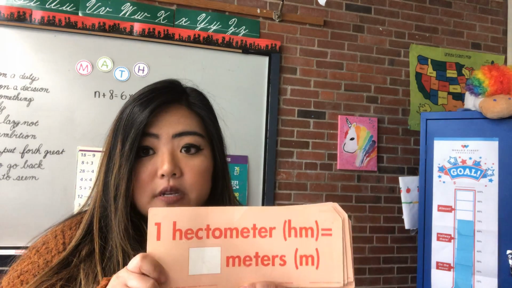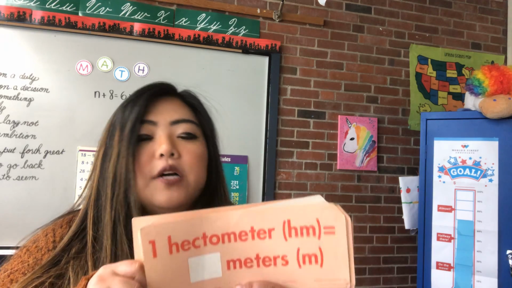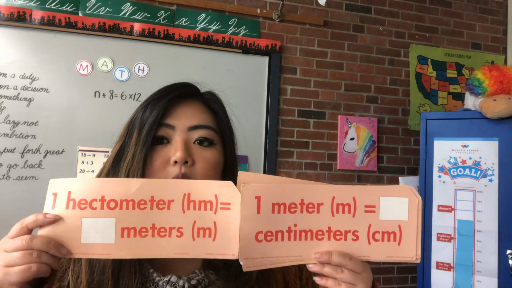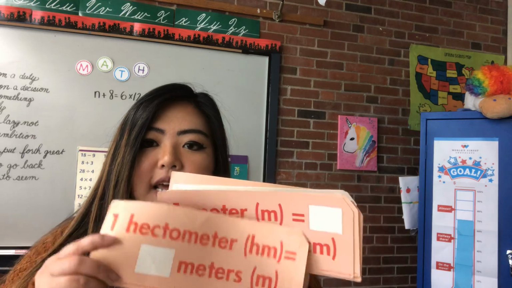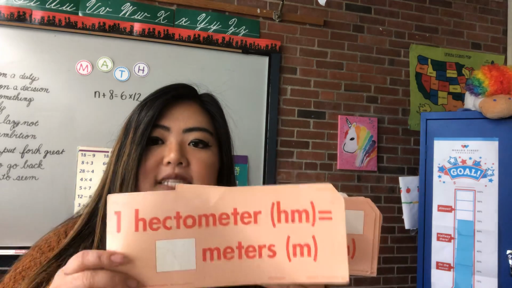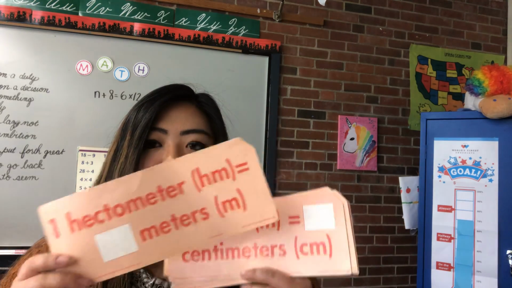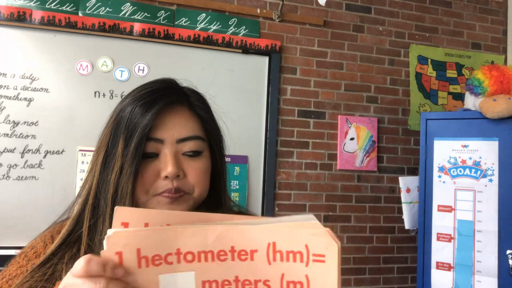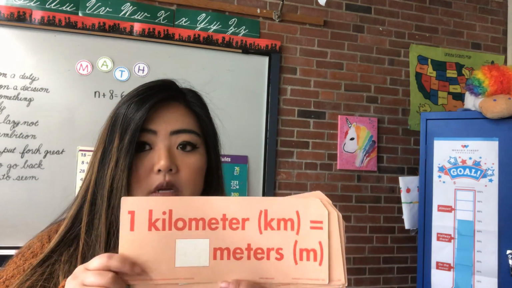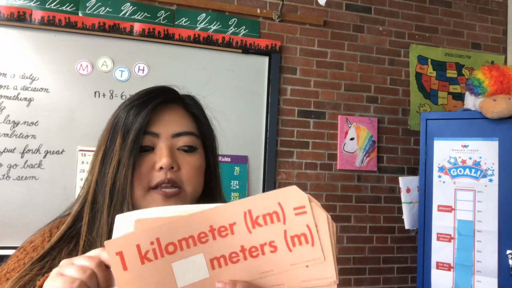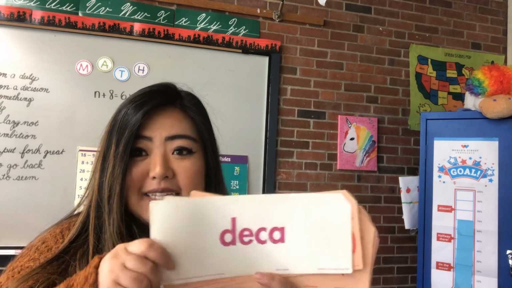100. But this is the opposite. They're both 100, but this says 100 centimeters makes 1 meter. This says 100 meters makes 1 hectometer. 1,000. Now, deca is 10.